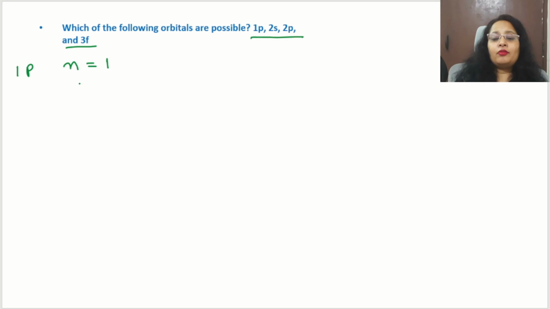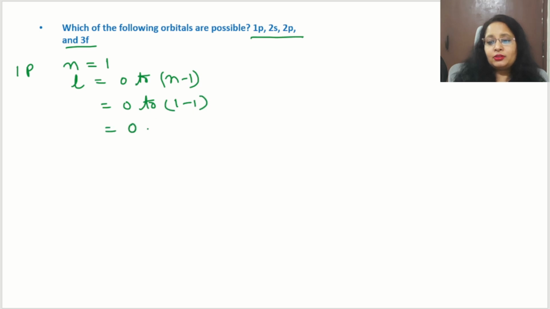So for n equal to 1, the value of l should be 0 to n minus 1. Here it is 0 to 1 minus 1, so 0 to 0. It means 0, and 0 denotes s. So 1 always comes with s. So here 1p is not possible.